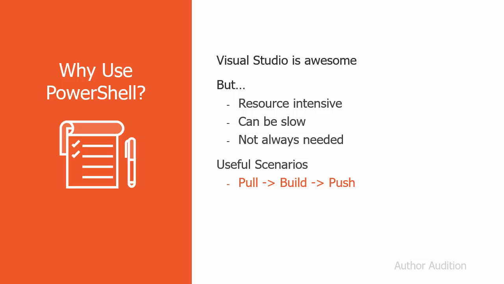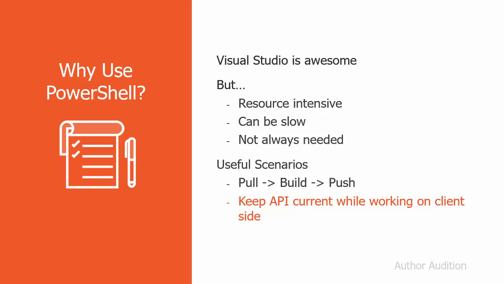Another scenario that I find this to be really helpful is when I want to keep an API current while I'm working on the client side of a project. So maybe I'm the JavaScript developer on a project and the Visual Studio solution has a project for the single page application that doesn't have any server-side code. And maybe I'm working on that within Visual Studio Code or Sublime, something like that.